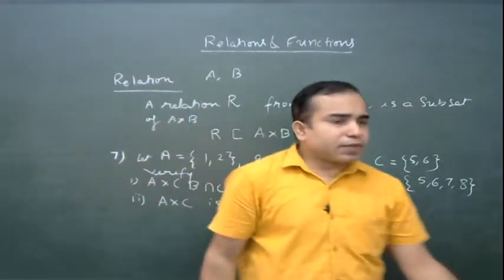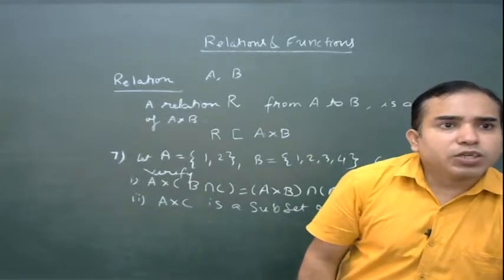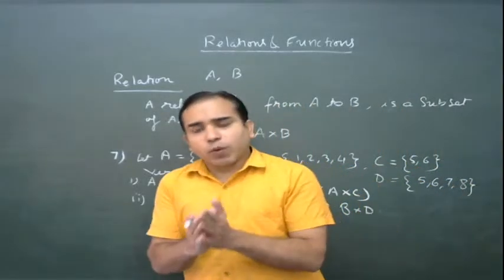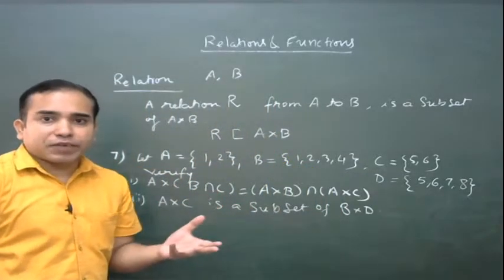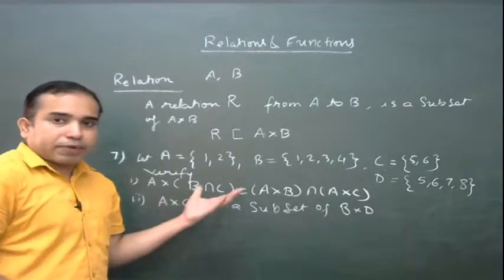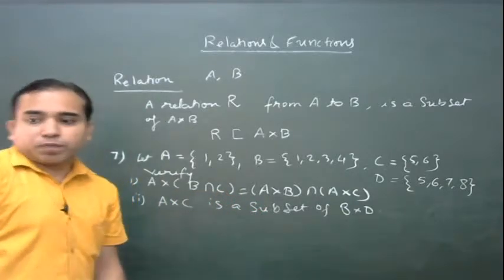Verify means that for the particular sets A, B, C and D, you check whether the first part is correct or not. So, let us find out the left hand side value and right hand side value, and let us match them whether they are equal or not. So, have a look.